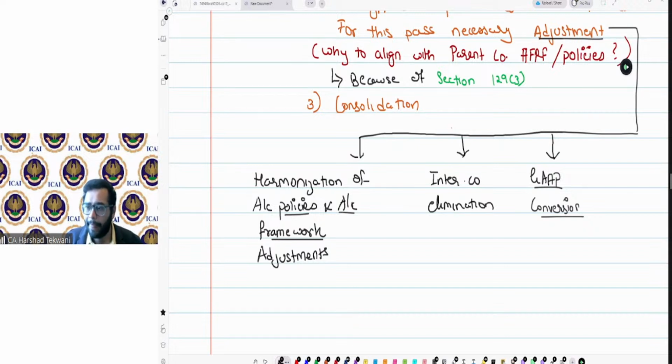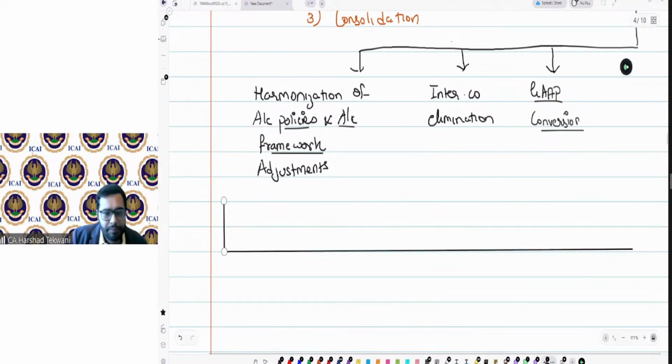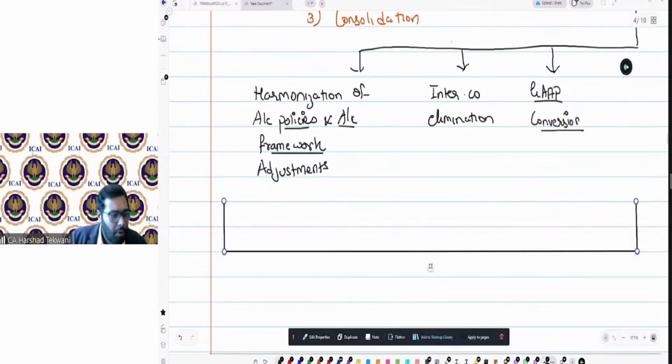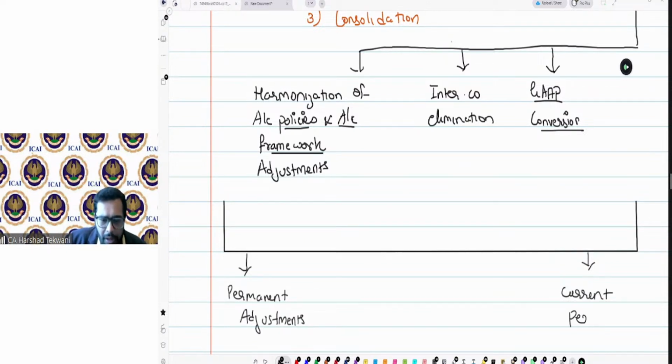Now, these adjustments can be of two types. Either these can be your permanent adjustments or they can be your current period adjustments. And I'll explain those in detail, don't worry.